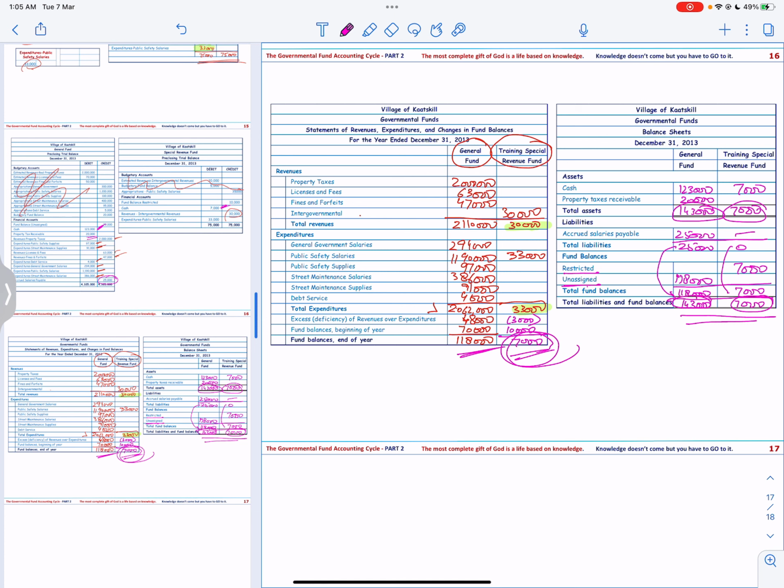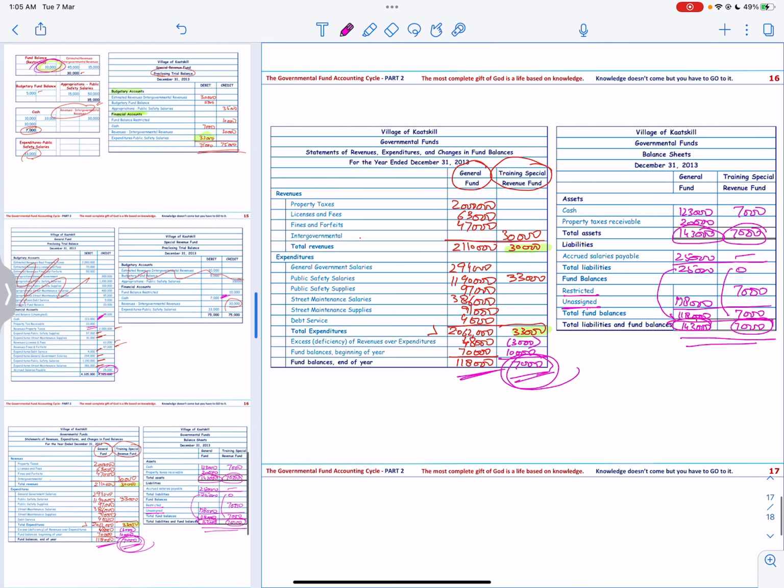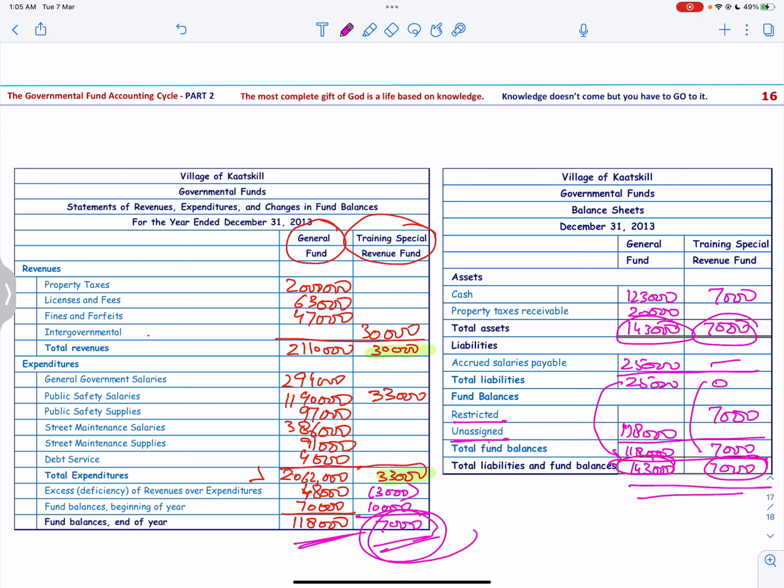So let us summarize what we have talked about in this video. We have talked about the government fund accounting cycle for two governmental types of funds, the general fund and special revenue fund. As their transactions are similar, modified accrual is the basis of accounting for the two funds, which is a combination of cash basis and accrual basis.